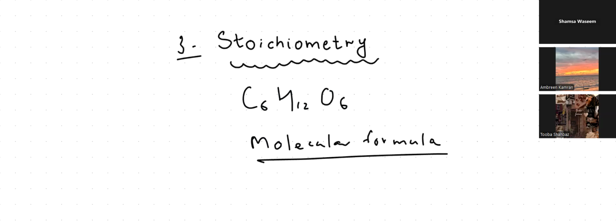So what is a molecular formula? It states the number and types of atoms present in one molecule. For example, the molecular formula of glucose is C6H12O6. So we state the numbers: how many carbon, how many hydrogen and how many oxygen atoms are there.